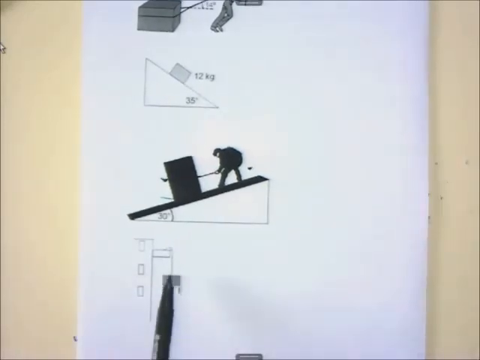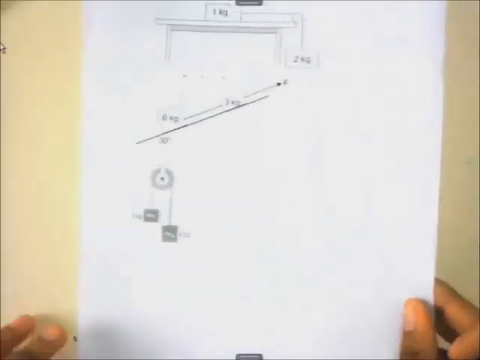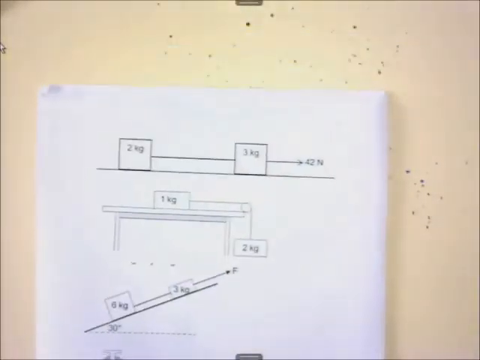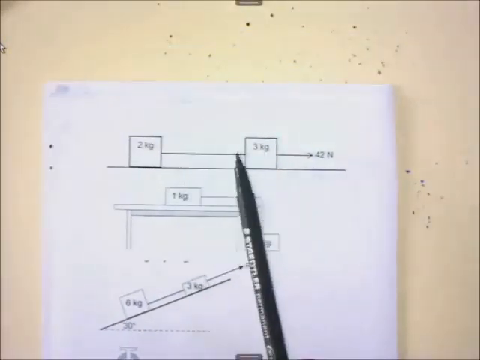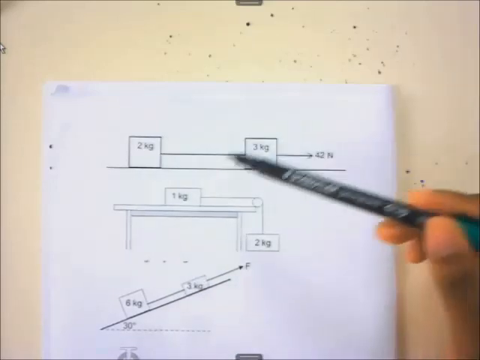And also we have this block that is being pulled. Then if the block is pulled, you must also be able to identify the forces acting on that block. And also we have 2 blocks that have a string in between, and there is a force pulling these 2 blocks.